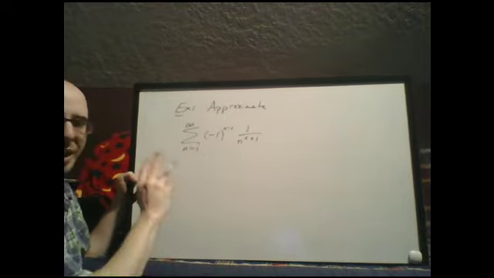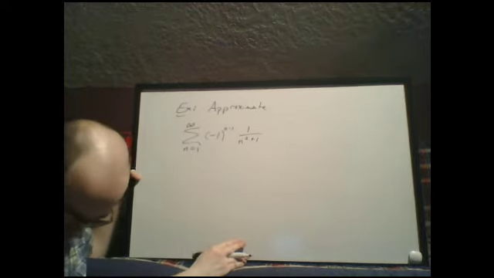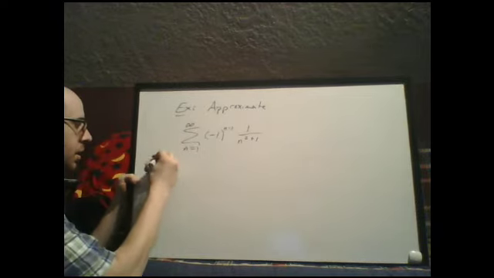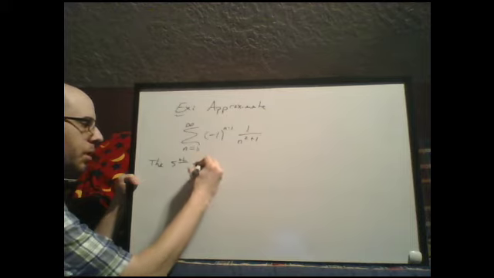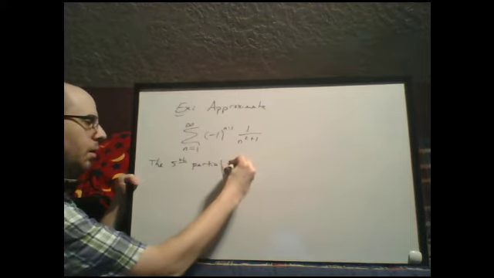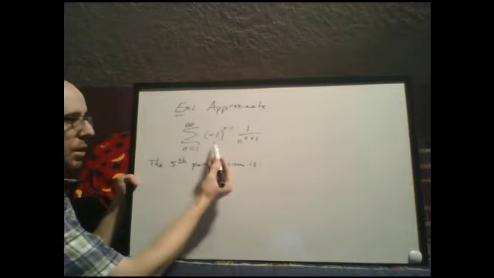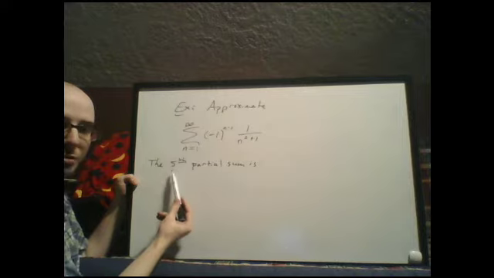All right, so we could check that this does converge by the alternating series test. The fifth partial sum is, well, I'm just going to add the terms from n equals 1 to n equals 5.